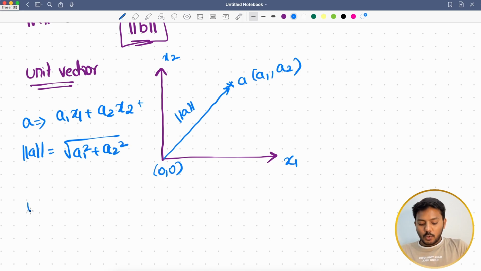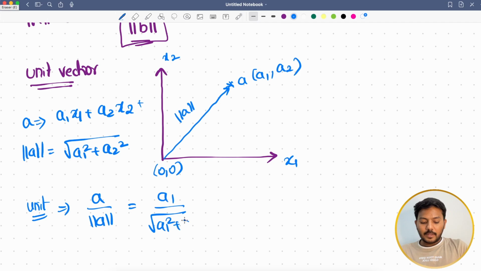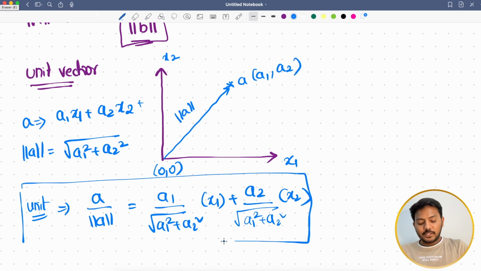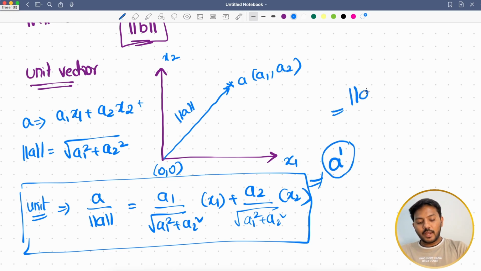So what is a unit vector? Unit vector is basically A by modulus of A. So that means A1 by root of A1 square plus A2 square into x1 plus A2 by root of A1 square plus A2 square into x2. So if I find modulus of this one, let's call it A dash, and if I calculate modulus of A dash, this would be equal to 1.